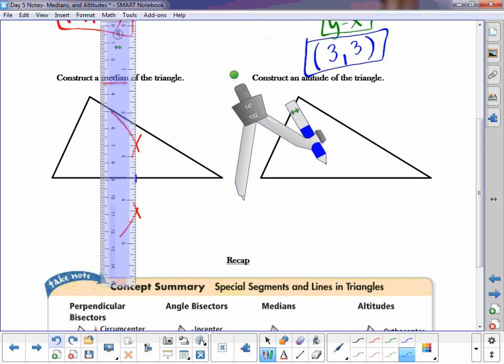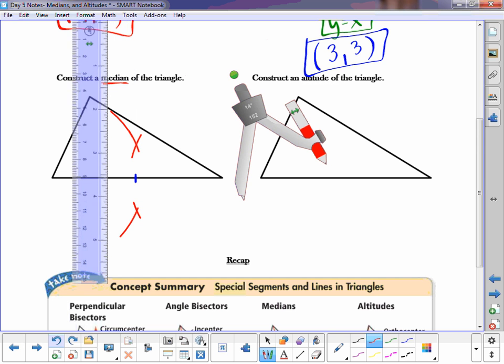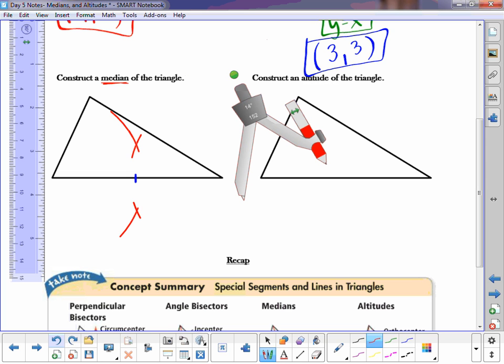I'm going to move this guy. Okay. And then all we have to do is connect the vertex with that midpoint that we just found. So we're going to use your straight edge for that. I'm going to use my line because it works a little bit better.